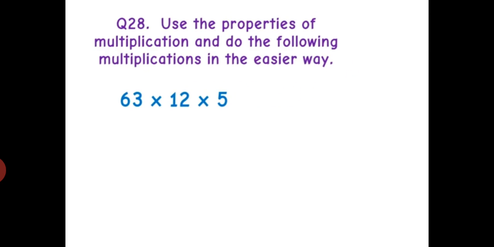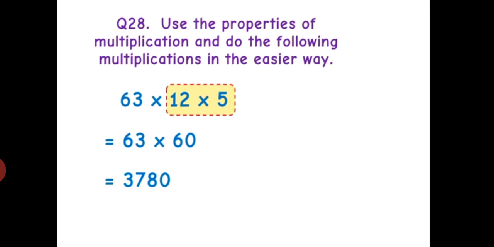Let us take some examples. First says, use the properties of multiplication and do the following multiplication in an easier way. We have to multiply this in an easier way. And the question is 63 into 12 into 5. So, at first, what shall you do?